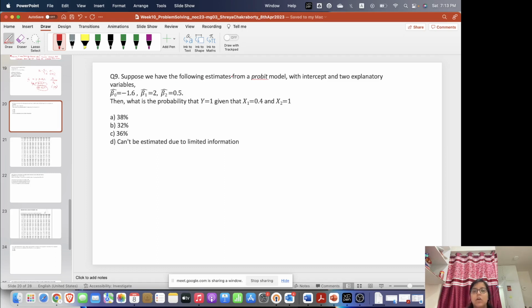Suppose we have the following estimates from a probit model with intercept and two explanatory variables, then what is the probability that y equal to 1 given that x1 equal to 0.4, x2 equals to 1?